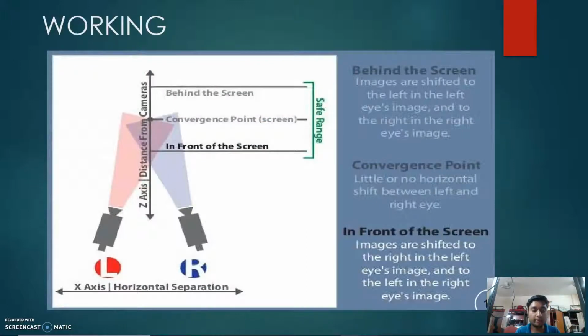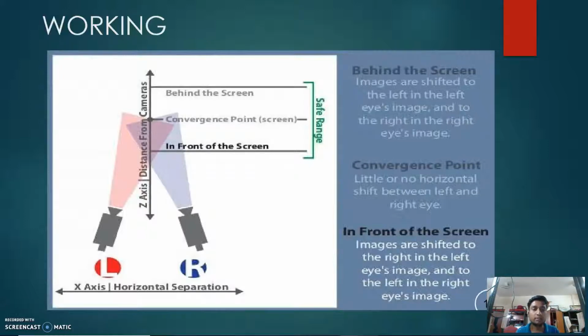So how does it work? We can see there are two cameras named L and R. They project the same image onto the screen, and the convergence point is the main screen, which is viewed by the observer. There are two images, left and right, and when the observer views them, there is some distance between both images, which is nothing but the depth between them.